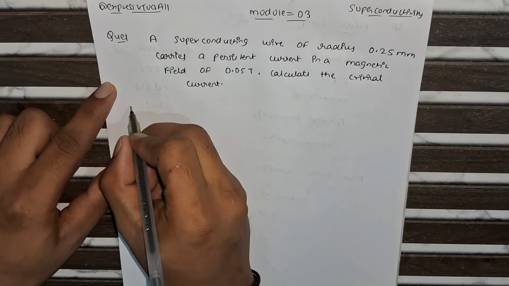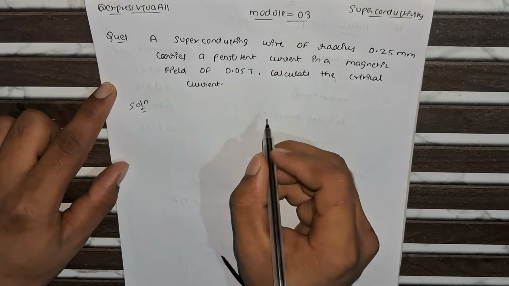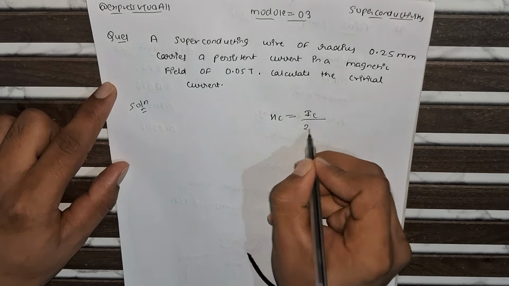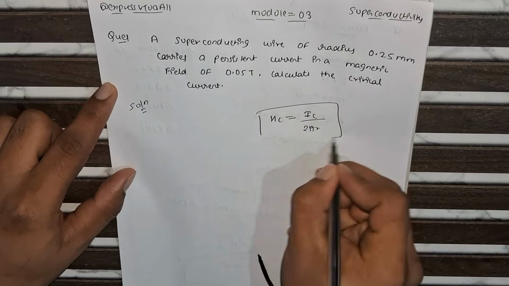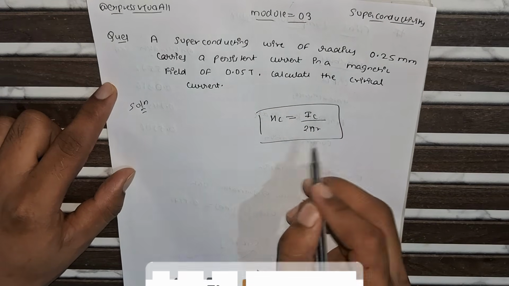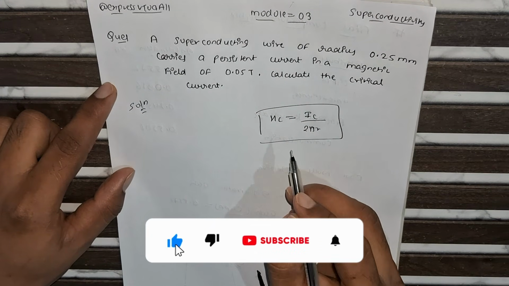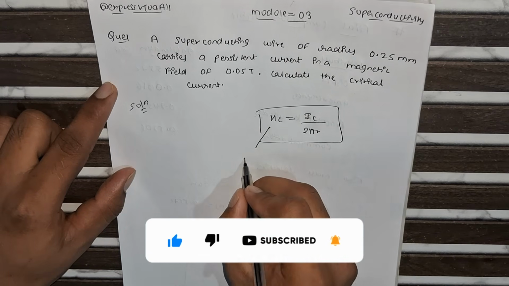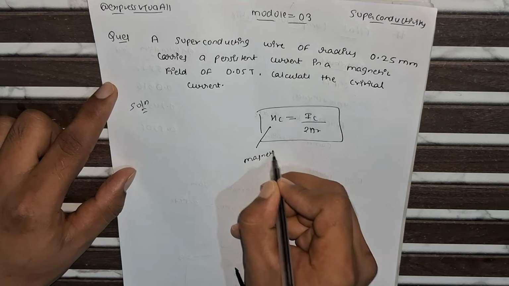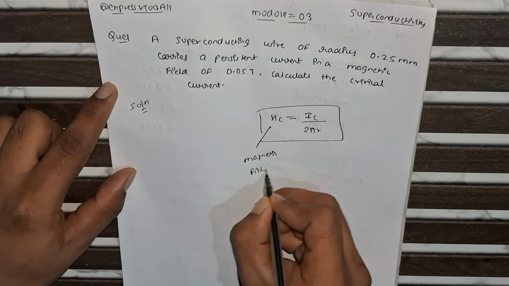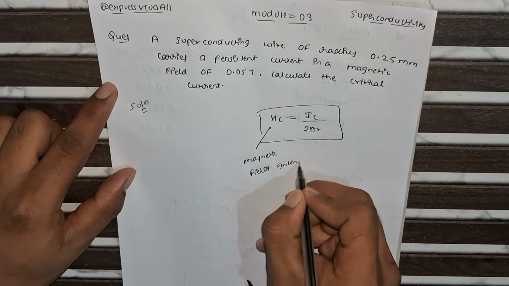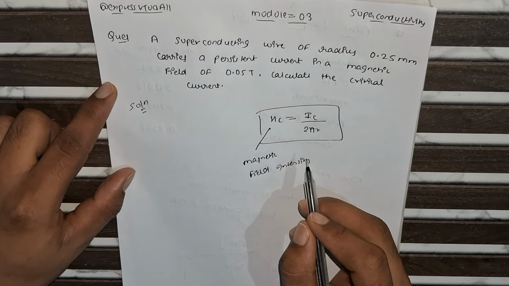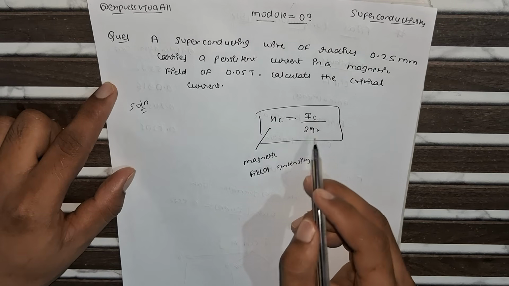So first we write the expression to solve this problem, which is Hc equals Ic by 2 pi r. So first we understand the statement of this expression. This expression tells the magnetic field intensity, which is nothing but Hc. This is our magnetic field intensity at the surface of a cylindrical wire of radius r carrying a critical current, which is nothing but Ic.